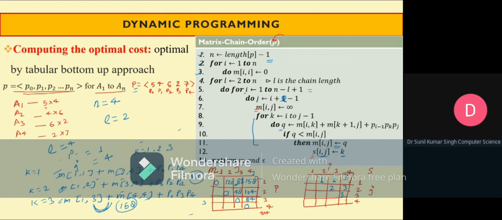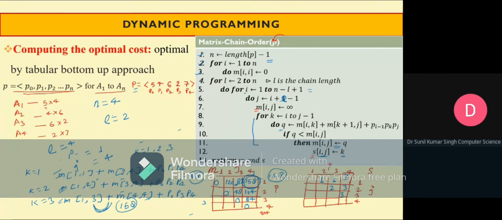So in this algorithm, you can see here the optimal number of multiplications, whatever we are able to compute, that is 158. Now the point is, why are we computing Sij?